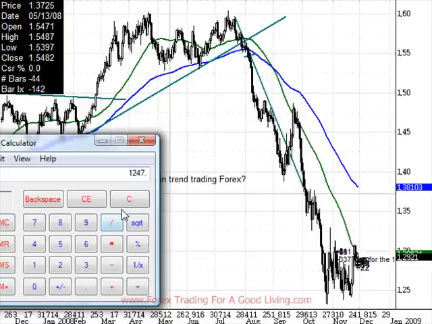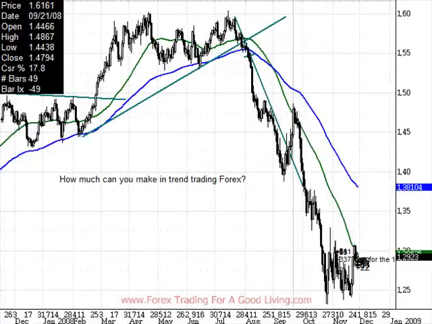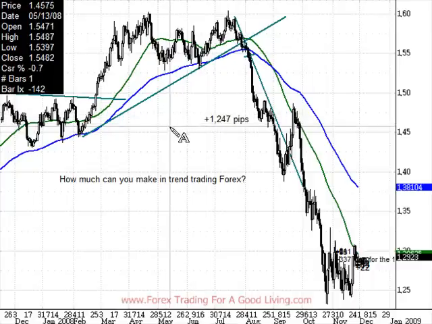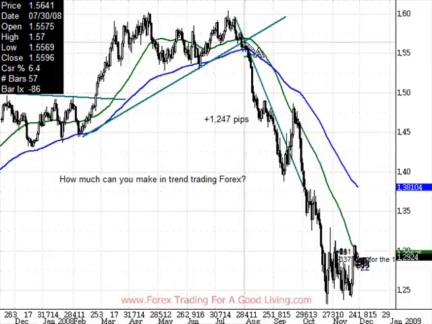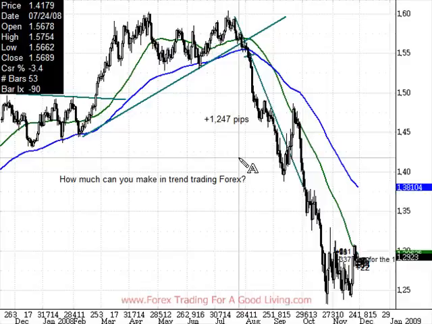So, boom, 1,247 pips. Now the thing is, you need to get to a point where you can identify where you get in exactly and where you get out exactly, and you need to purposely go for the trend.